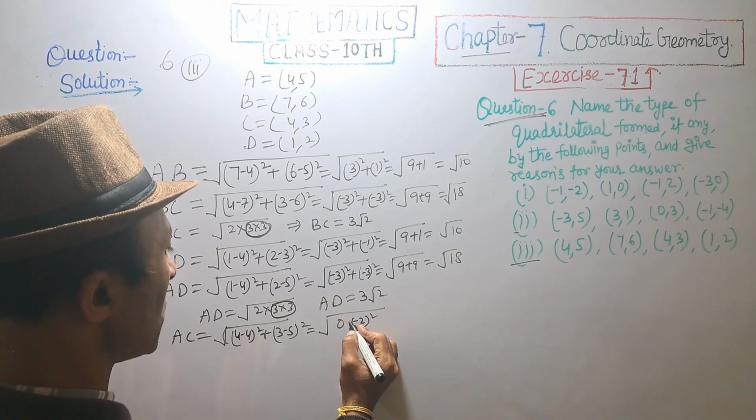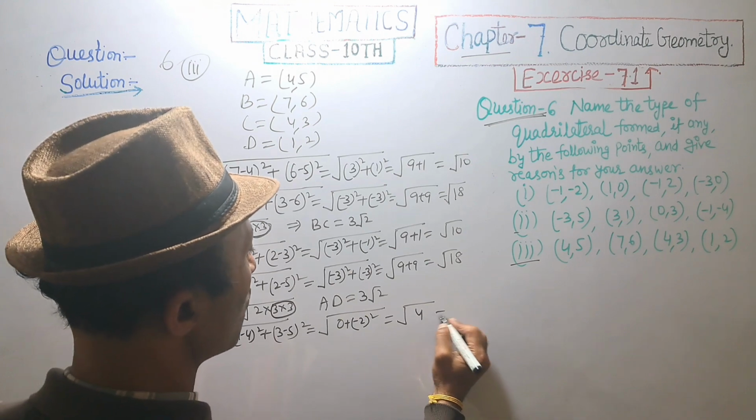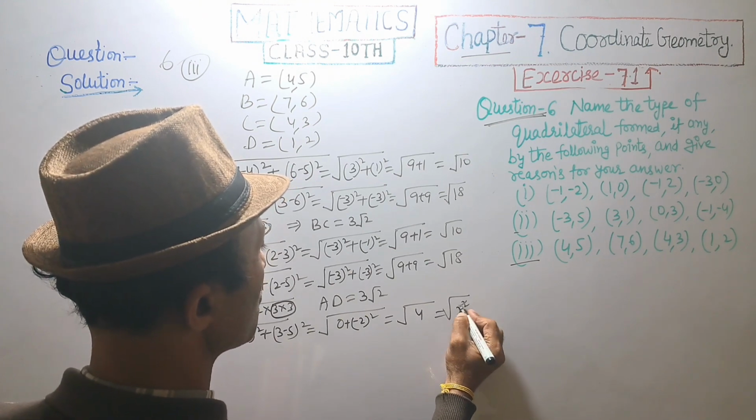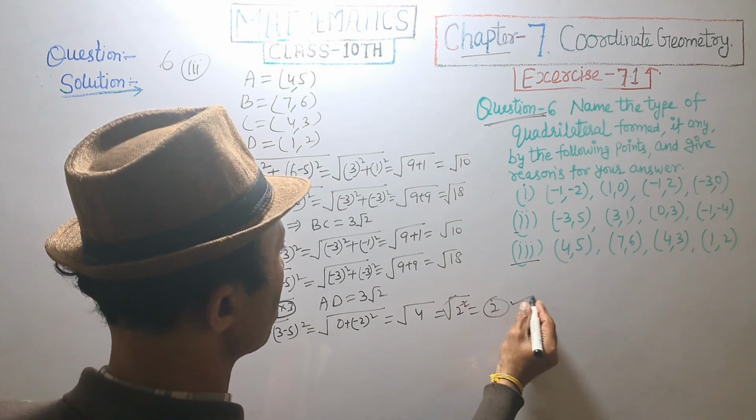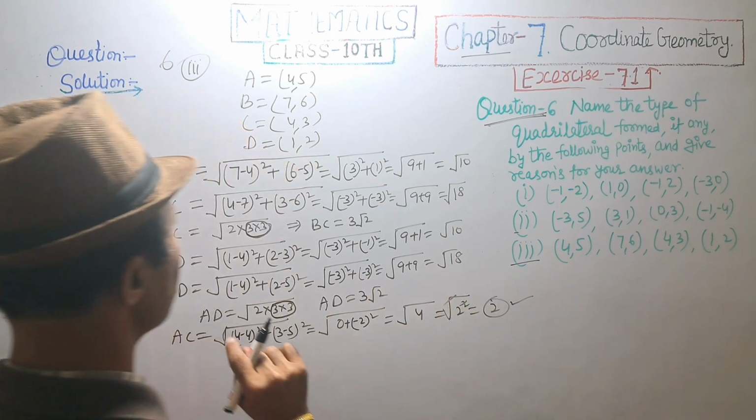And minus 2 square, that is 4. And root of 4 we can write as 2 square, cancel. So AC is equal to 2 units.